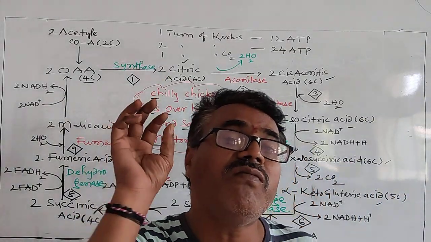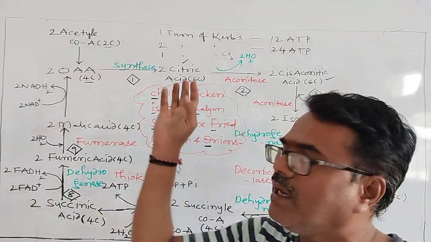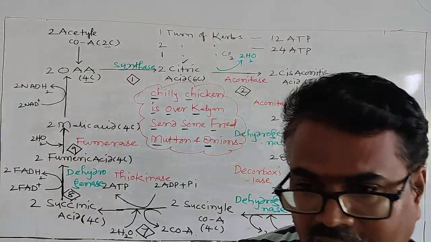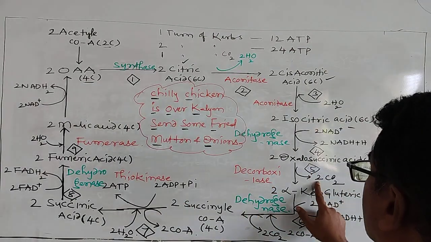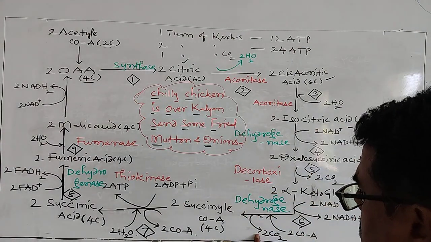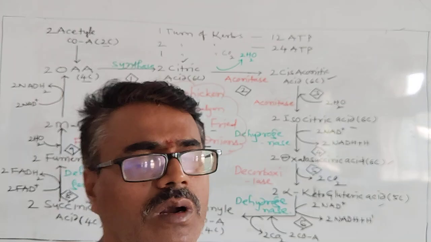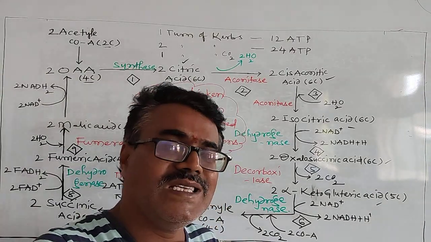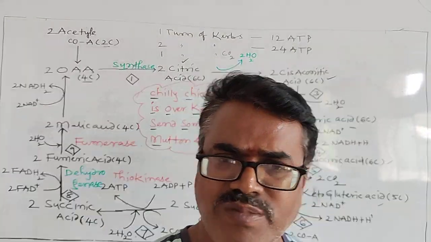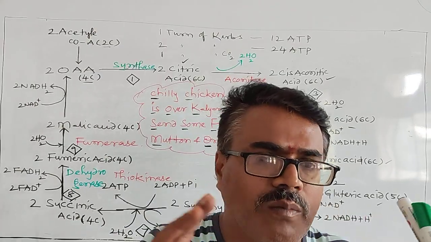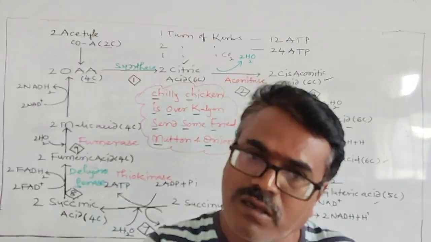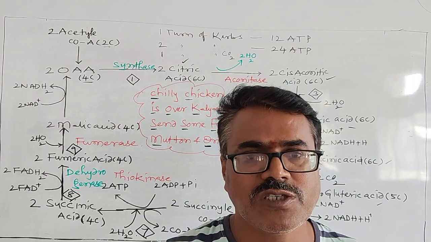The total number of oxygen in the Krebs cycle is 4. The total CO2 is 2 moles and 2 moles, that is 4 moles of CO2 released in the Krebs cycle. It is very important for both objective and annual exams.